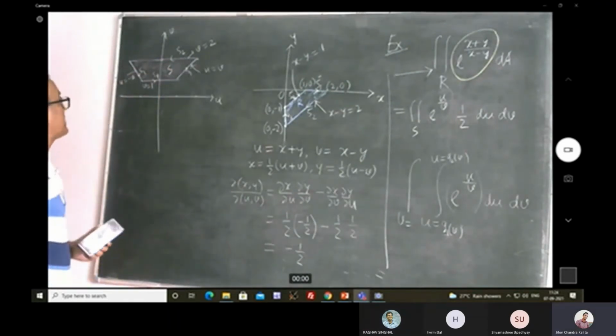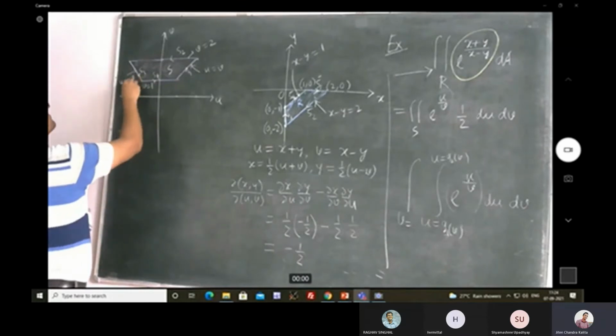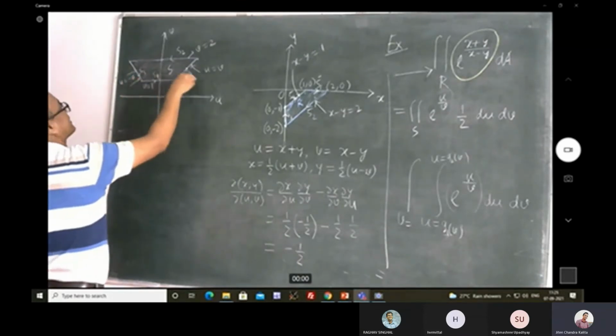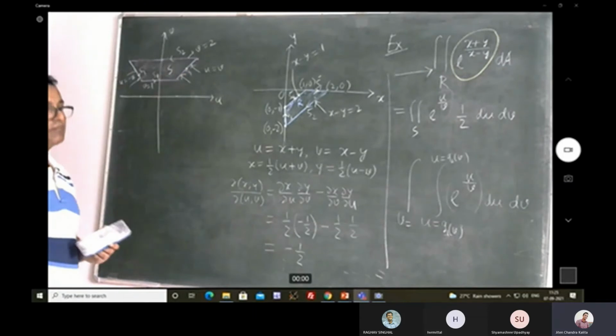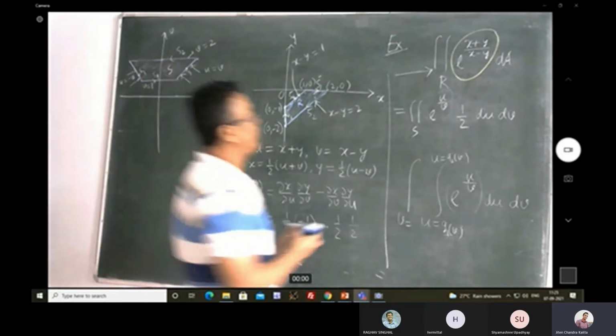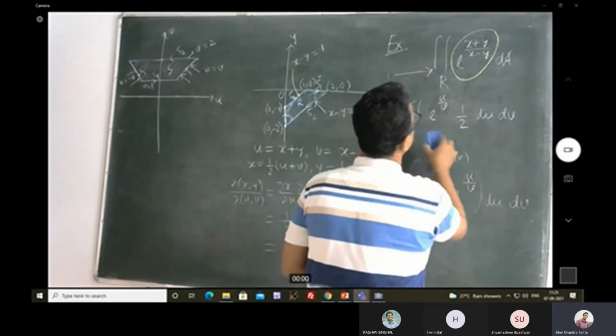If it is a type 2 region, then I have to look for left to right. So this is what it is going to be.